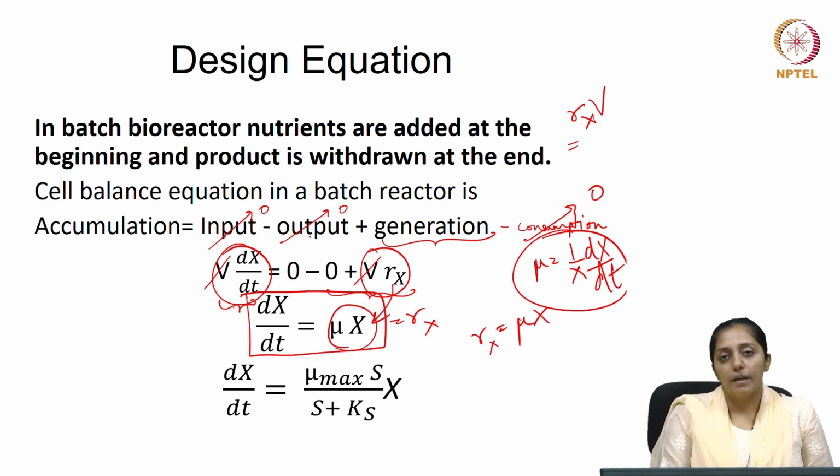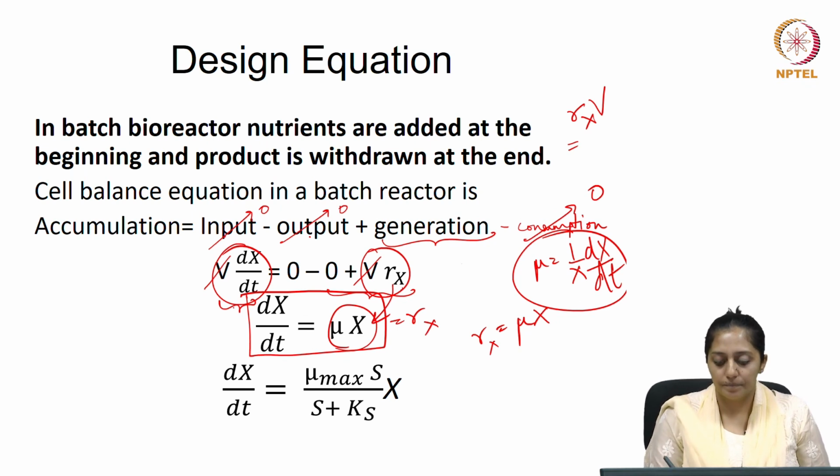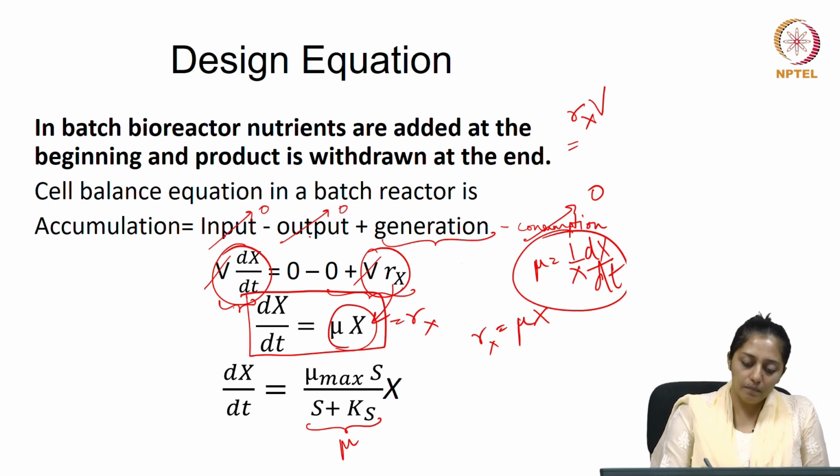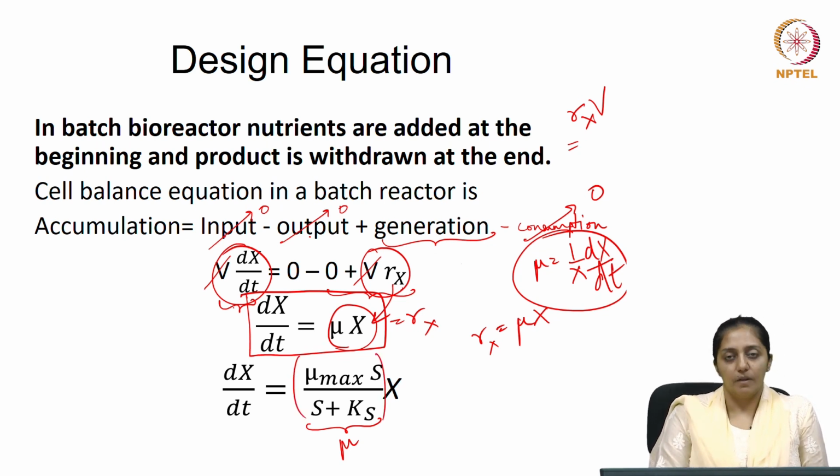So, now if we assume that the culture is following Monod's kinetics or Monod's law, Monod's model for growth, then we can substitute mu as mu max times S upon S plus Ks. You remember this model which we saw a few slides earlier? This is Monod's model.